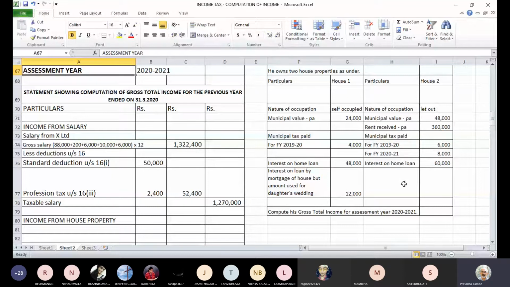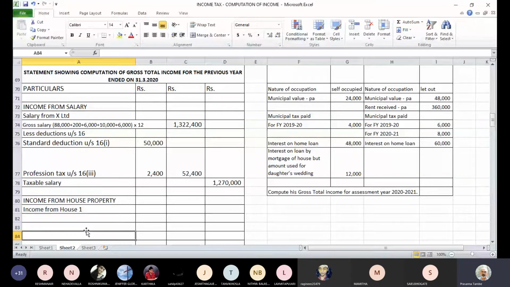So under the head income from house property, we'll add a subheading: income from house number 1. Now this is a self-occupied property, and you are given the municipal value as 24,000. But being a self-occupied property, the gross annual value of this property will always be nil.